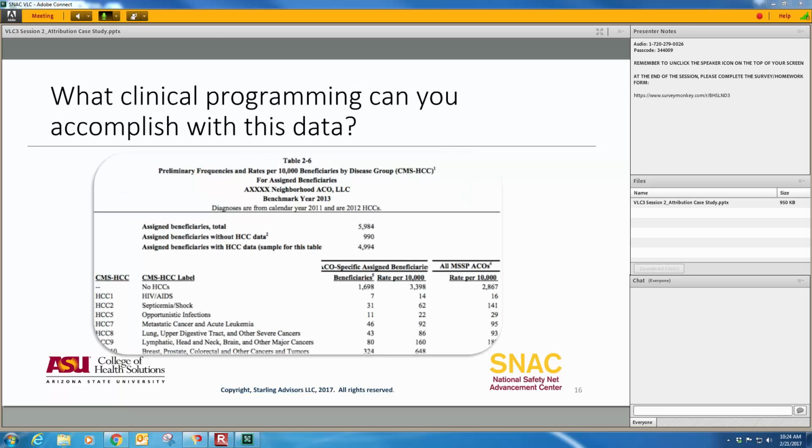This table here identifies which patients fall into which HCC groupers. We don't do an exhaustive explanation of them, but essentially it's a Medicare risk adjustment or risk scoring concept that helps determine which patients are really most impacted by which diseases.